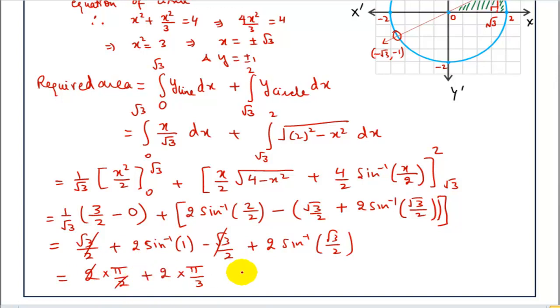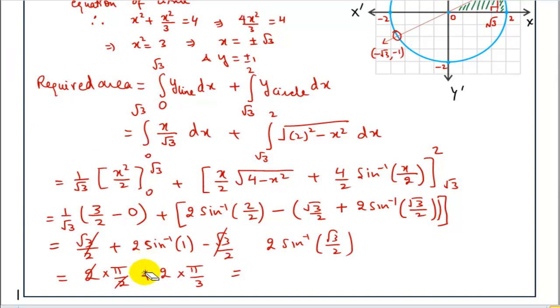We are left with pi plus 2 pi by 3, which happens to be, okay, we will check this part quickly. Because we have opened the bracket here and there was a negative sign outside, this part should be minus of twice of sine inverse root 3 by 2. So we'll have a negative sign here.